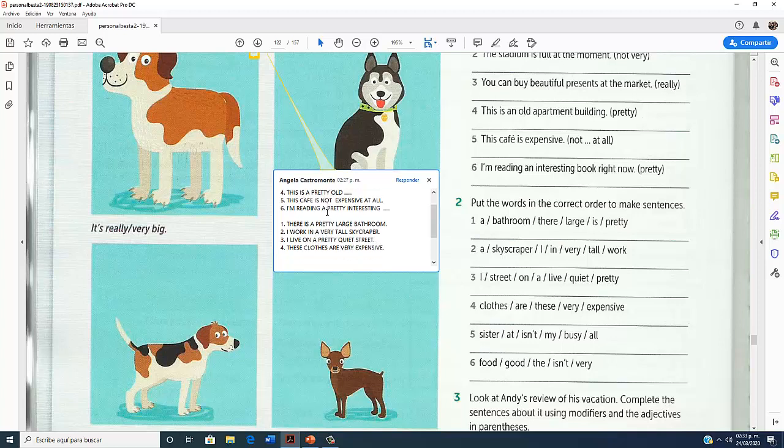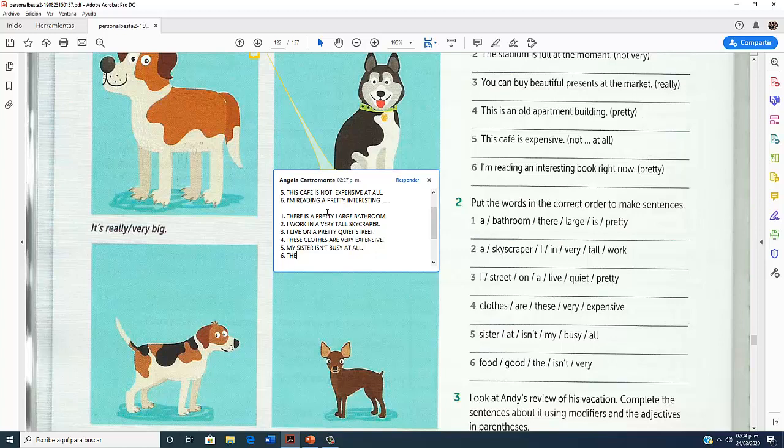Okay. Number 5. Sister at isn't my busy at all. My sister isn't busy at all. And number 6, food good that isn't very.